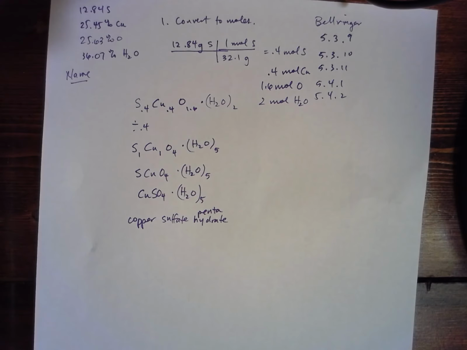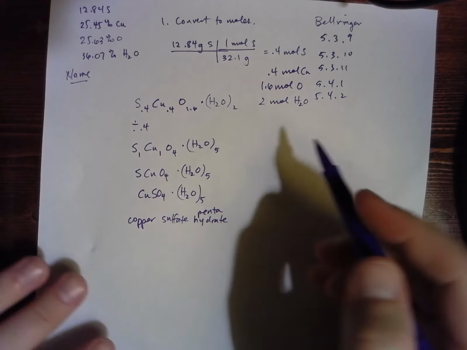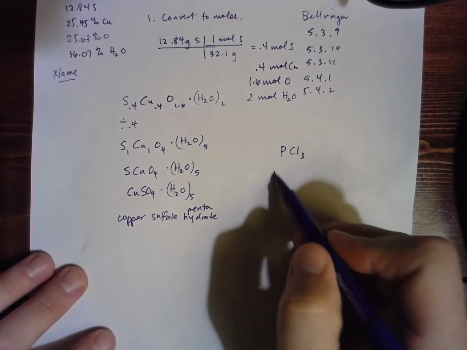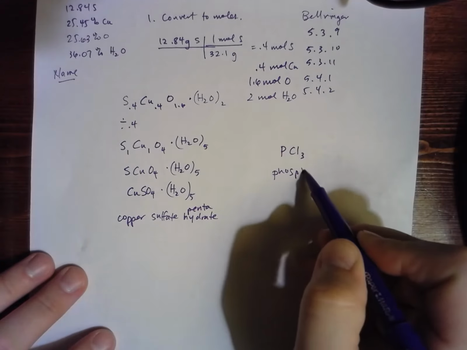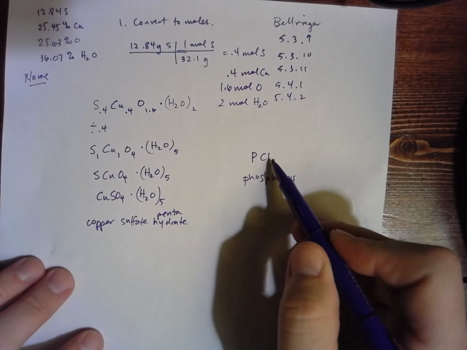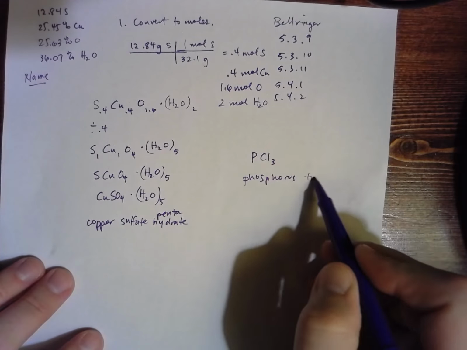All right. Naming binary covalent compounds. Okay, remember we had PCl3. We just write the first one, and then it's 3 of these, so it's trichloride.